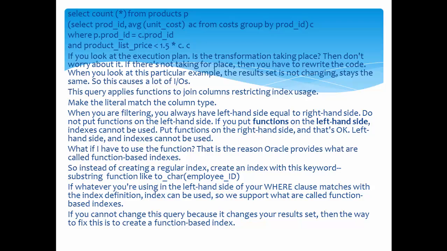If you look at the execution plan and the transformation is taking place, then don't worry about it. If this is not taking place, then you will have to rewrite the code.